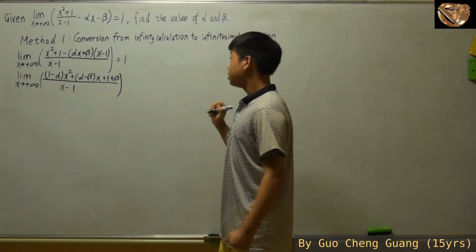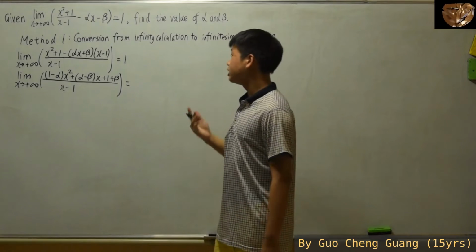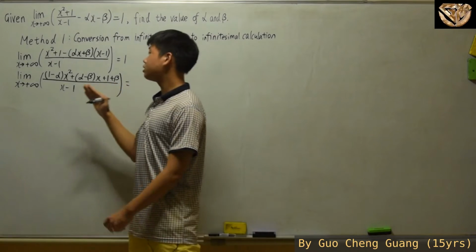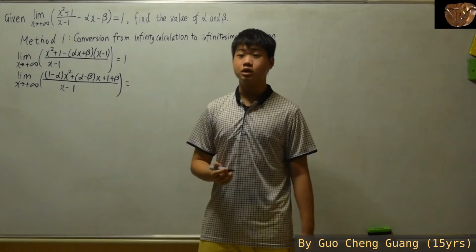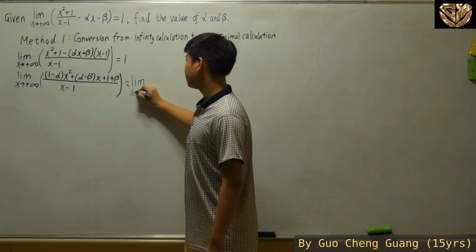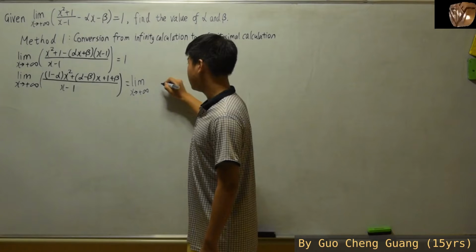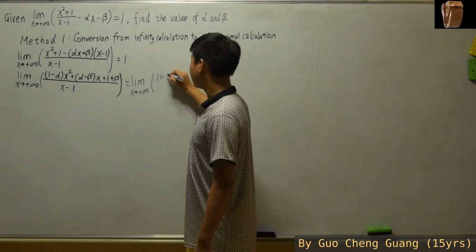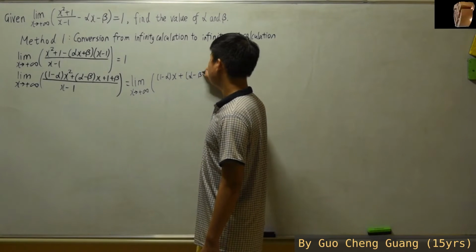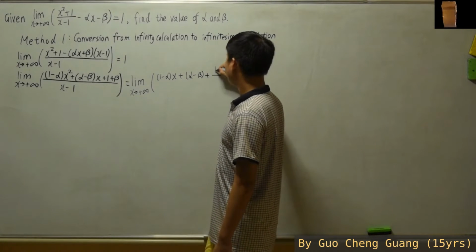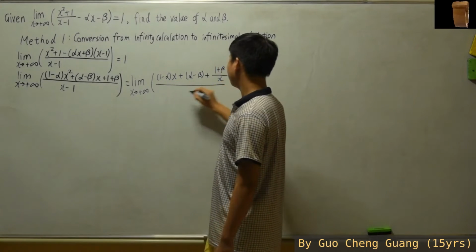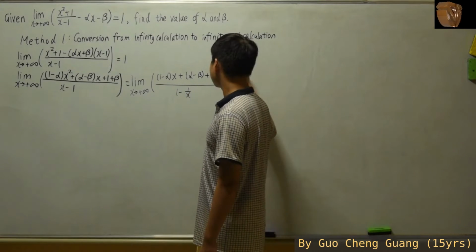Well, of course, since by its title, changing it from infinity calculation to infinitesimal calculation, what we are going to do is to divide both numerator and denominator by x. Well, what we're going to see is the limit as x approaches positive infinity of (1 minus alpha)x plus (alpha minus beta) plus (1 plus beta) over x, then over 1 minus 1 over x.